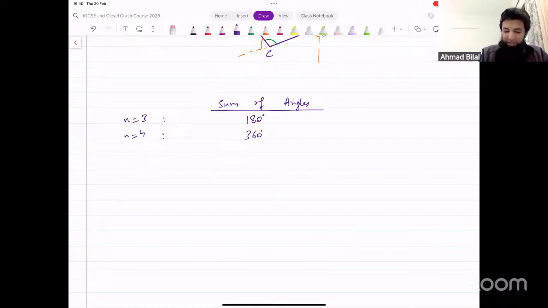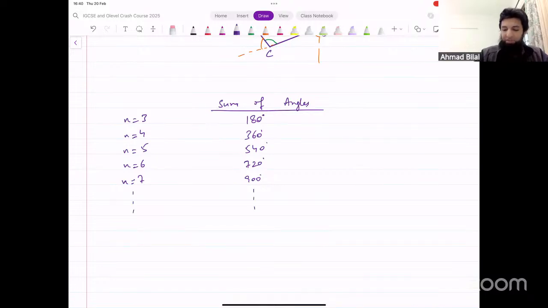Now, if you extend this to polygons with more sides, like n equals 5, n equals 6, and so on, you will find that for n equals 5, this is 540. For n equals 6, it's 720. For n equals 7, it is 900, and so on.